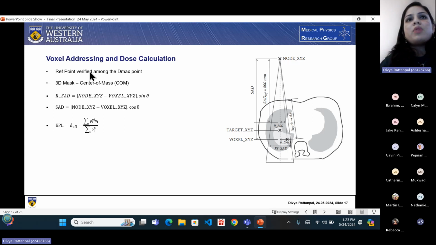Once this reference point is verified, from the 3D mask we obtain the center of mask of all the selected structures.